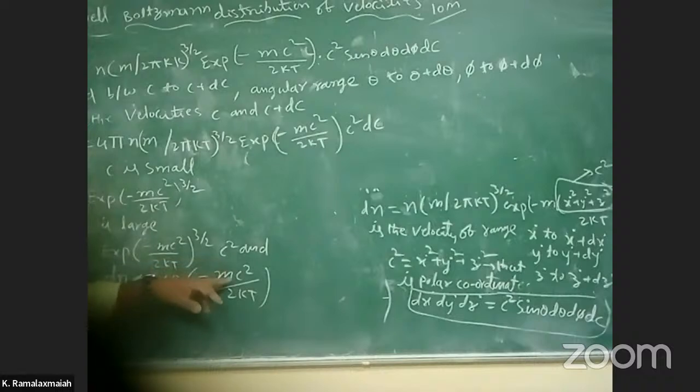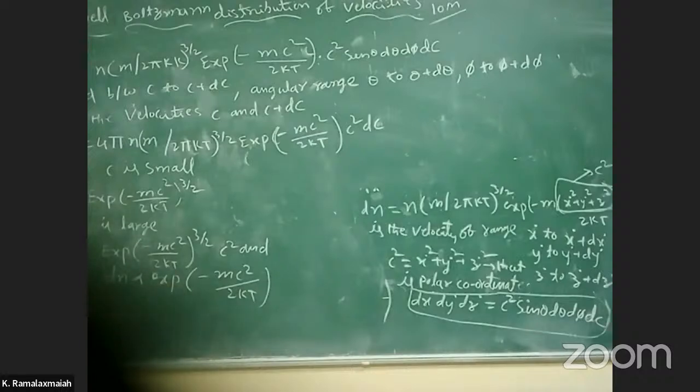The probability reaches the maximum value, and then the decrease is exponentially to zero.